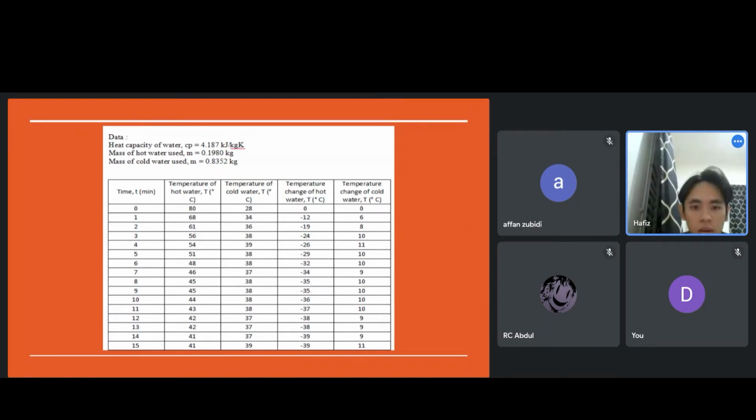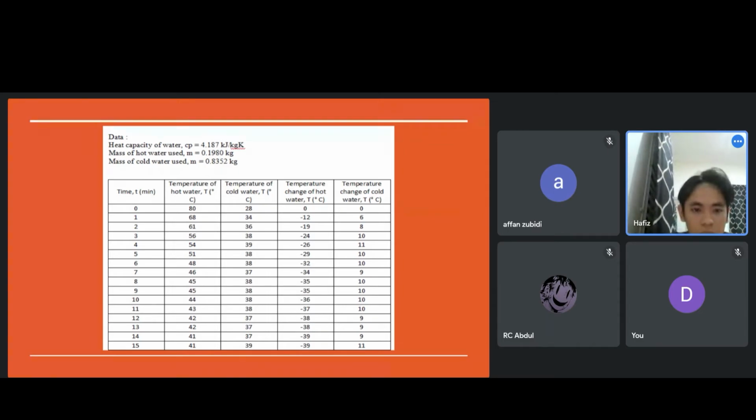Next, for the results, the data given in this experiment is the heat capacity of water, Cp, which is equal to 4.187 kJ per kg K, and the mass of hot water used and mass of cold water used, m, which is 0.1980 and 0.8352 kg respectively. The data given in this experiment also includes time t in minutes, temperature of hot water T in degrees Celsius, and temperature of cold water T in degrees Celsius.